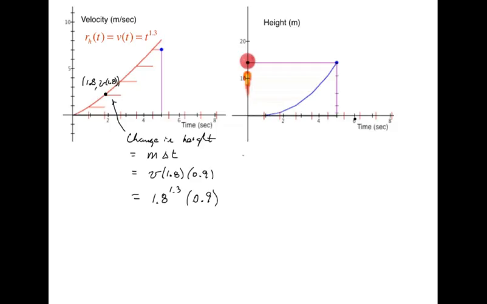Where do we see that? We see that right here. From there to there is the little bit of change we got for the third interval. Because in the first interval there was 0 change. You see that? Because we assumed it was 0 for the first 0.9 seconds, that's the first interval, 0 change in height. So now by the third interval, we assume the rate of v of 1.8, which is 1.8 to the 1.3.